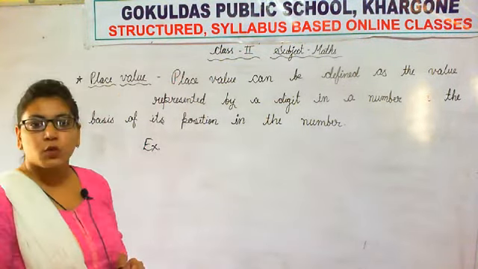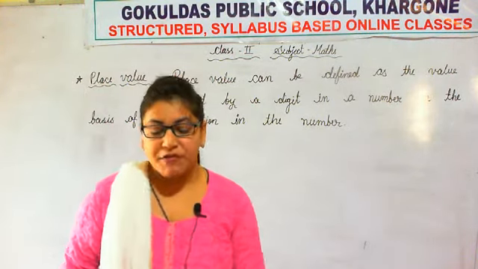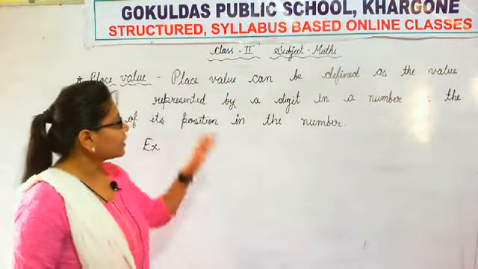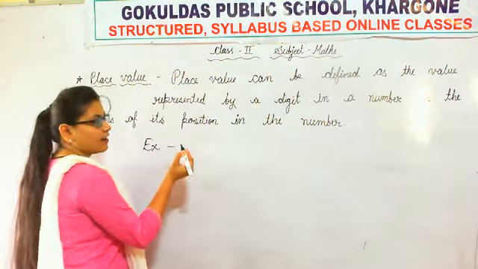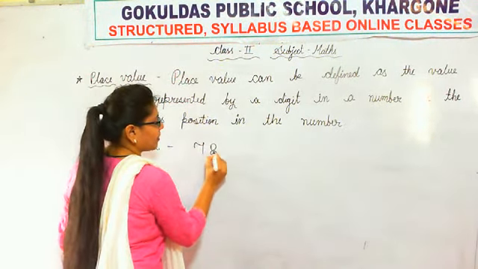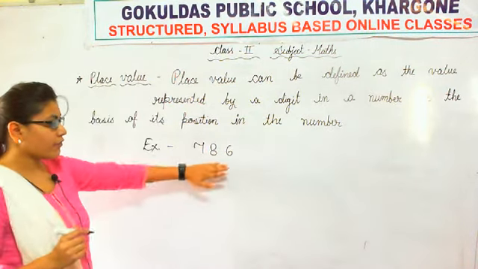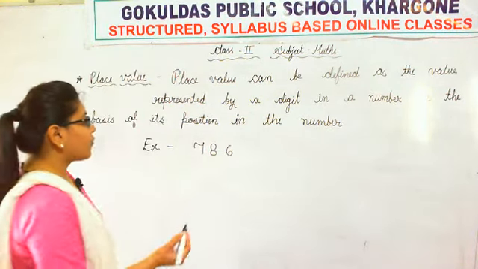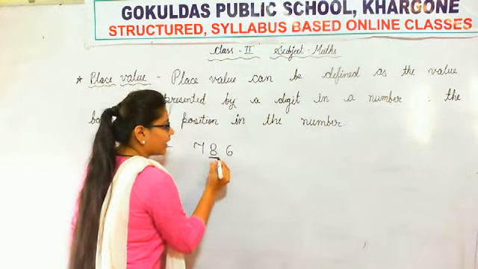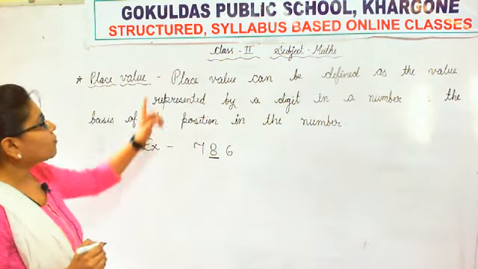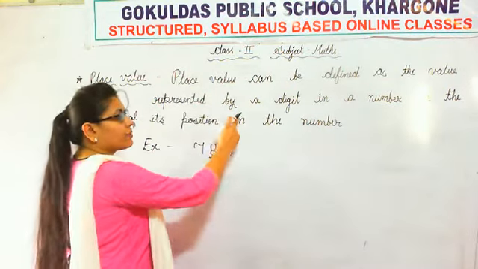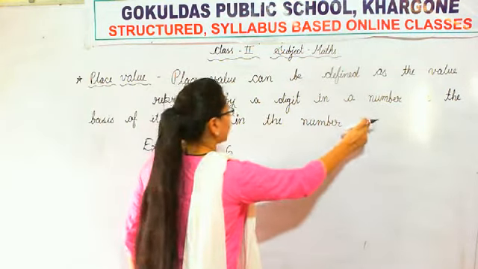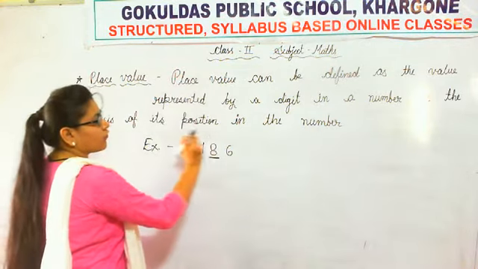This definition is looking very much complicated, but when we take an example, it will look very simple. Let us take a number. For example, this. Now, if somebody asks what is the place value of 8 in this number, this value can be defined as the value represented by a digit in a number on the basis of its position.